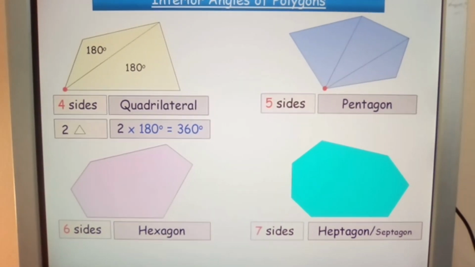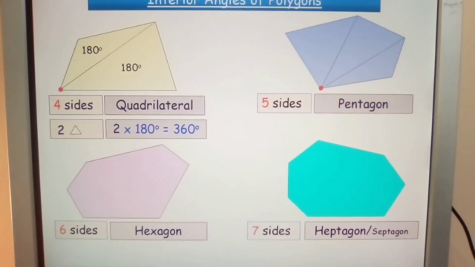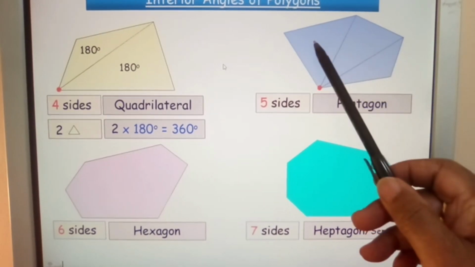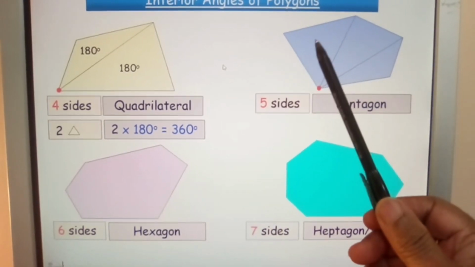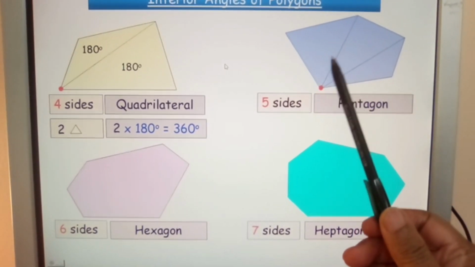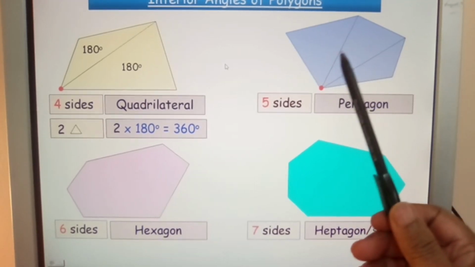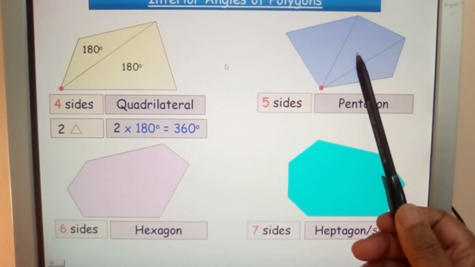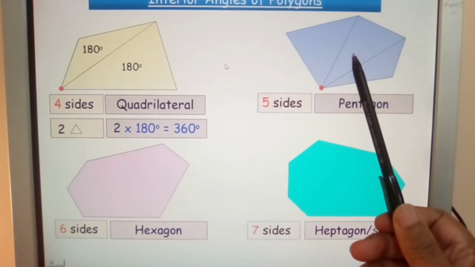it's in view. Now remembering that each of these triangles here has to add up to 180, you can see for a start immediately that this pentagon is going to have quite a large number of angles. Let me rephrase that.